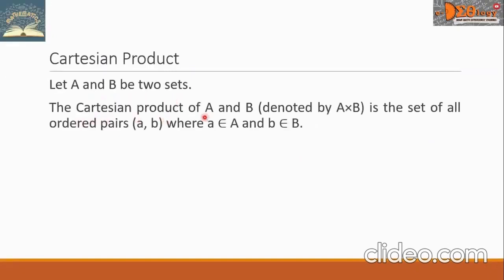The Cartesian product of A and B, denoted by A times B, is the set of all ordered pairs (a, b), where a is an element of set A and b is an element of set B. By set builder notation, it will be like this: A times B equals the ordered pair (a, b) such that a is an element of set A and b is an element of set B.